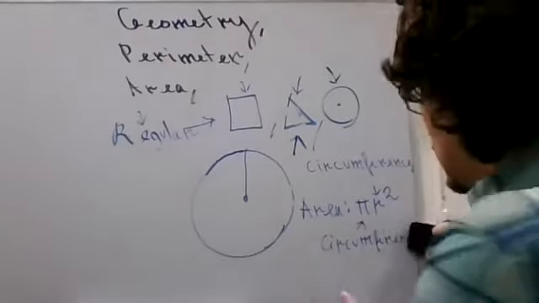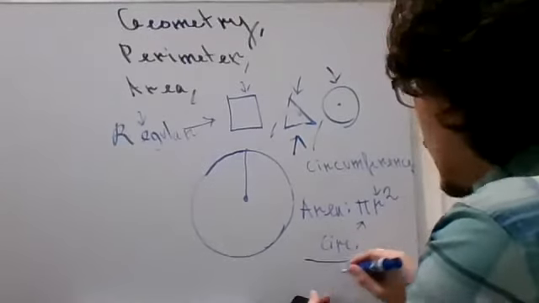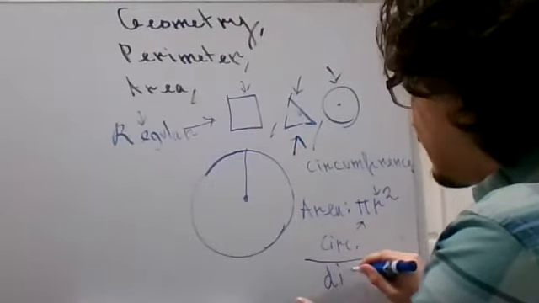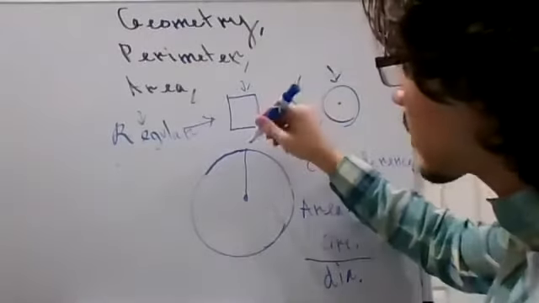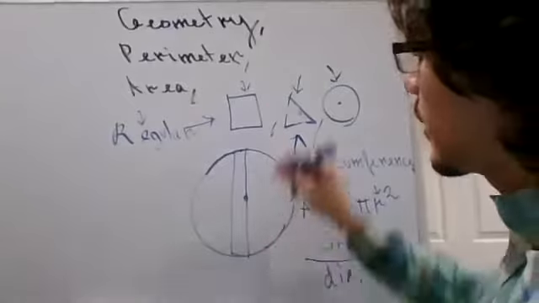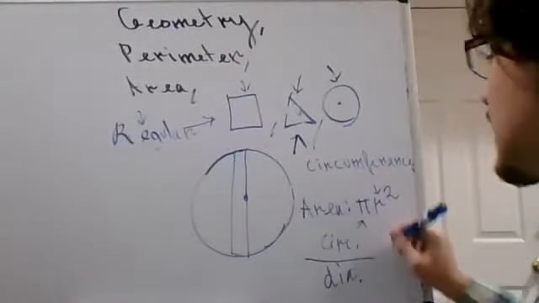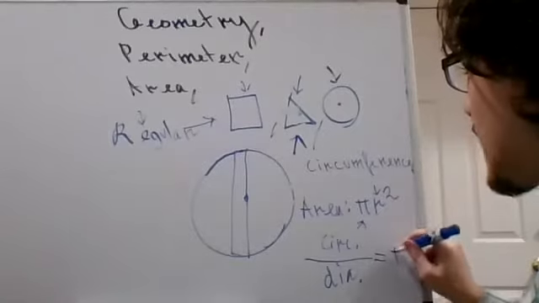I'll just abbreviate it. Circumference over the diameter. And the diameter describes the length through the whole circle through the center. And this expression comes out to an irrational number known as pi.